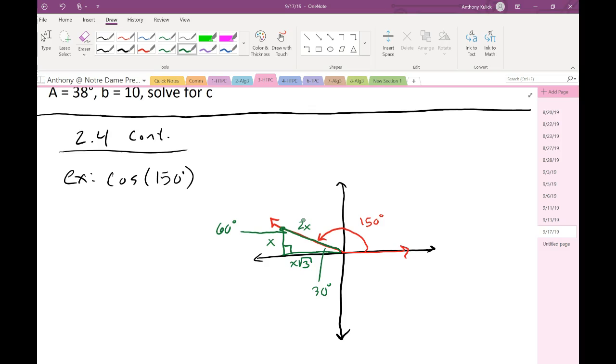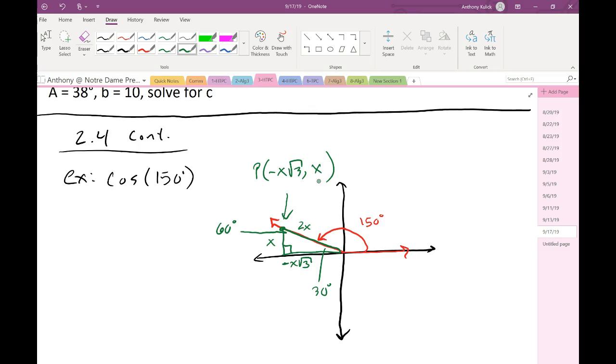Notice what part of the x-axis the x square root of 3 is on. It's on the negative side of the x-axis. Does everybody see that? So I need to make this side length negative. Now, I don't really have a negative side length. What I really have is the point P, whose x-coordinate is negative x square root of 3, and whose y-coordinate is positive x, which, when I look at the location of this point P, is obviously what's going on here, right?